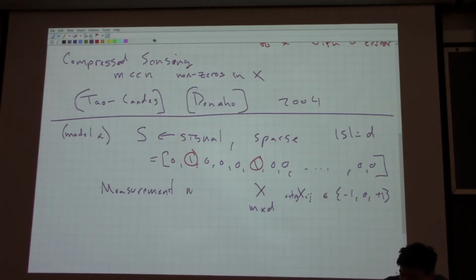So this is the measurement matrix. So it's not the measurements. The measurement, which I'm going to see, is going to be X transpose S. I mean, this is X S transpose. Let me get this right.